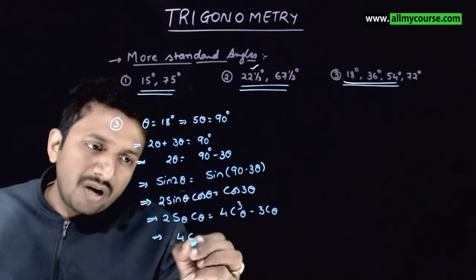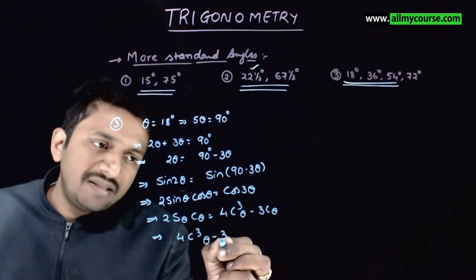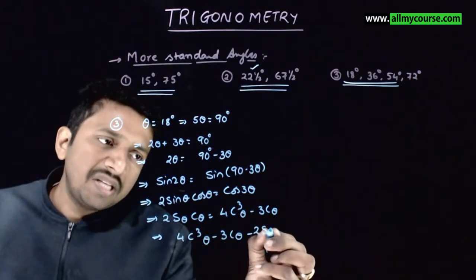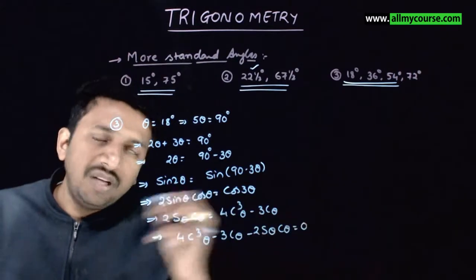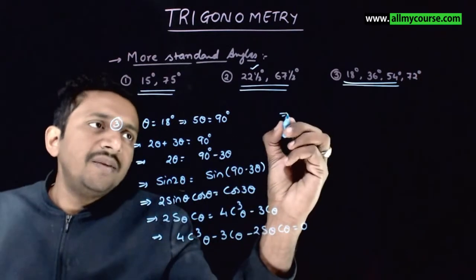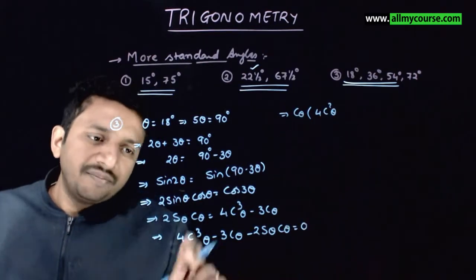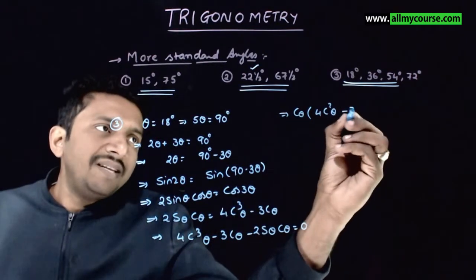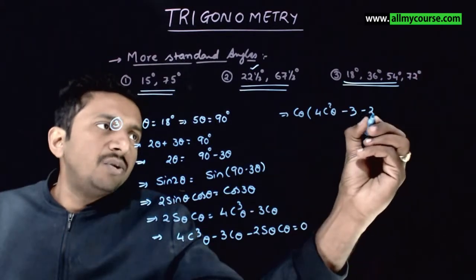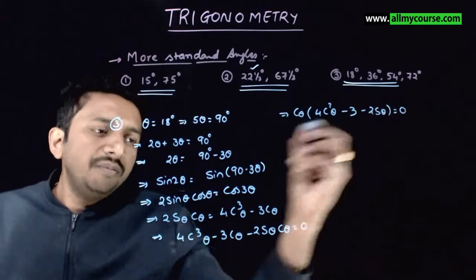So let us bring all the terms onto one side and separate cos theta. So 4 cos cube theta minus 3 cos theta minus 2 sin theta cos theta has to be equal to 0. And this implies, if I take cos theta common, cos theta times (4 cos square theta minus 3 minus 2 sin theta) is equal to 0.